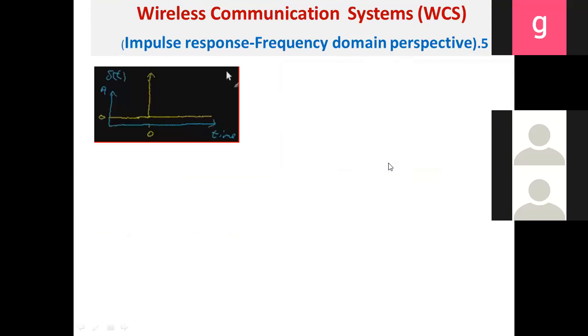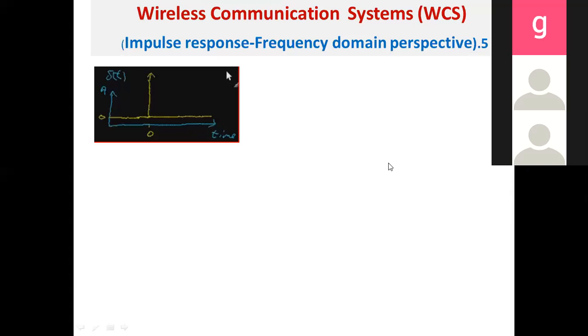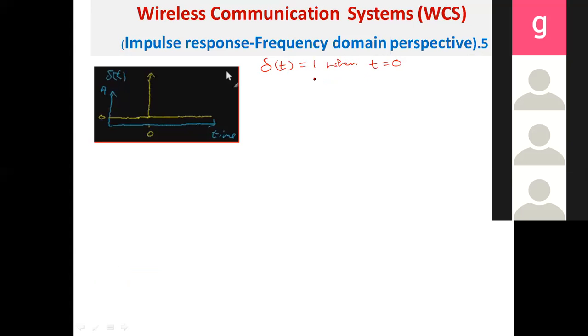So you can see here, coming to the impulse function. As I said, usually we define the impulse function with this one. It is represented like this, and this is 0 when t is greater than 0.